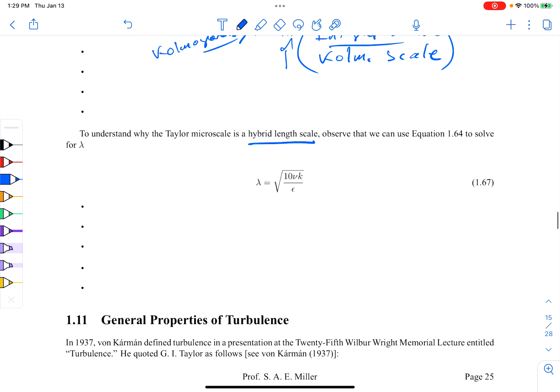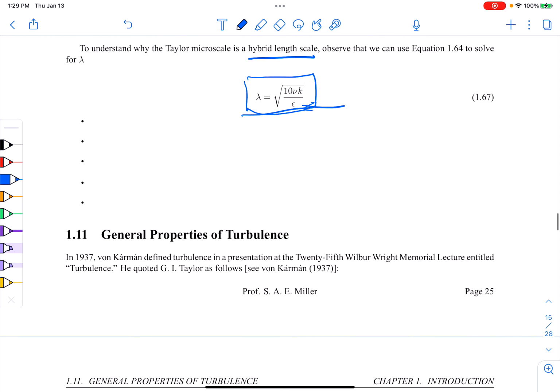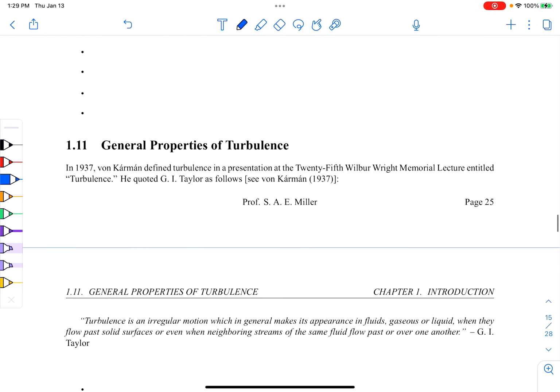And this is the final equation on micro or intermediate scales I want to show. So this is just a length scale which involves quantities which could be large for energy-bearing eddies, and it also involves characteristics of the dissipation and viscosity. I'm going to leave that there for now, because I only have another 10 minutes.